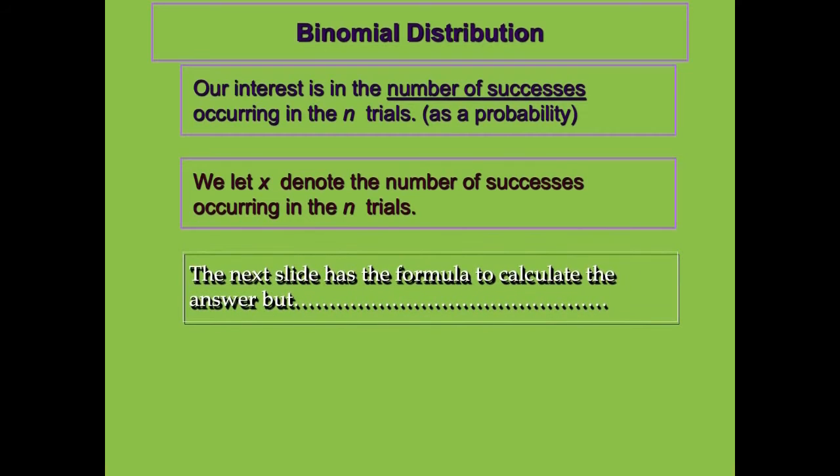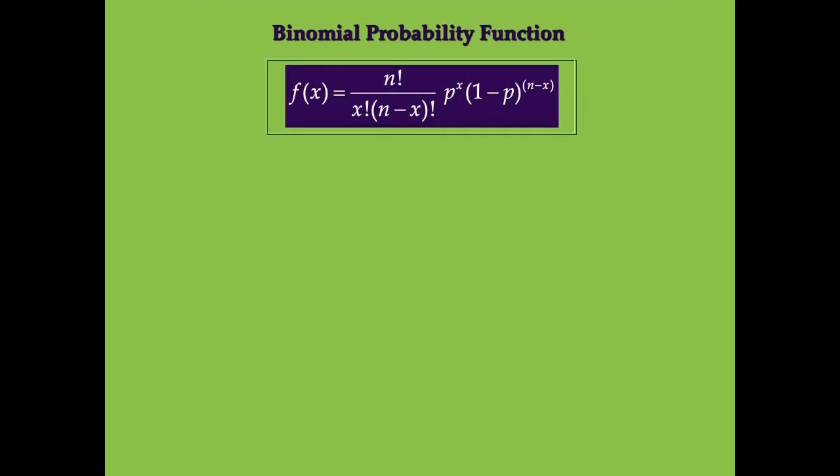Now, the next slide has the formula that you would use to calculate this manually. And I say that with a lot of doubts because I hate to even show it to you because it scares most people. If you had to go through and calculate this manually, you're probably looking at maybe 15 or 20 minutes.